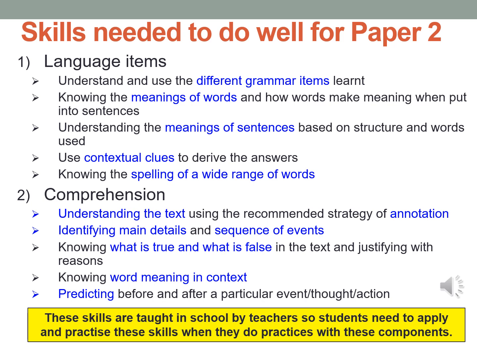They have to identify main details and sequence of events. Students need to be able to differentiate true and false information and justify with reasons. They also need to know the meaning of words in context and be able to predict the development of the text.